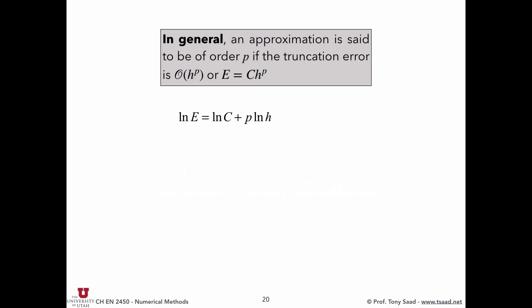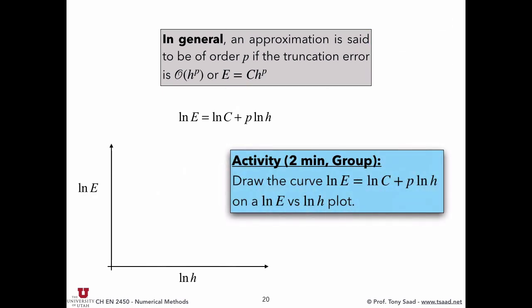So now I want you to plot this curve. I want you to give me a best guess of what this curve looks like on a log e versus log h plot. So h is increasing this way, right? And log e is increasing that way. Log c is a point. So you could start from 0 if you want, or from here. But show me, how does the curve look like? Does it go like this? Does it go like that? Okay, you got 2 minutes.